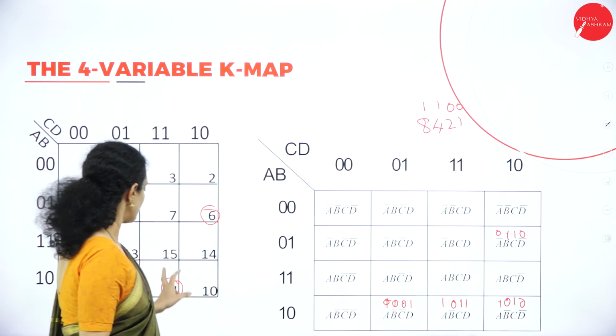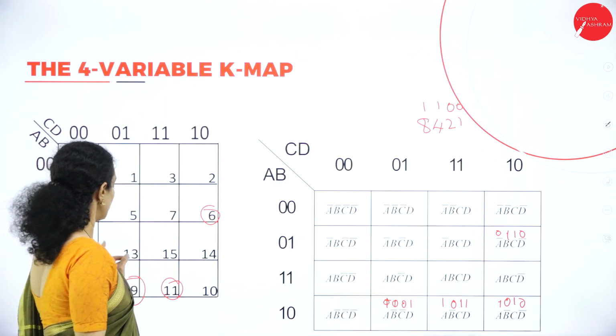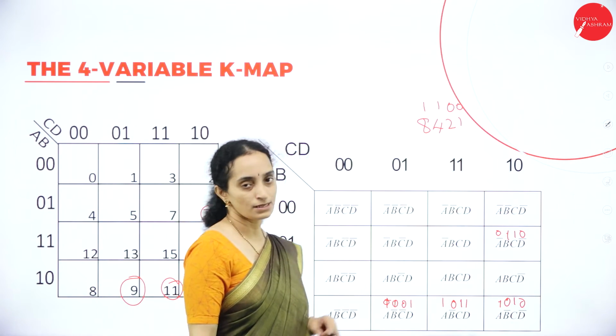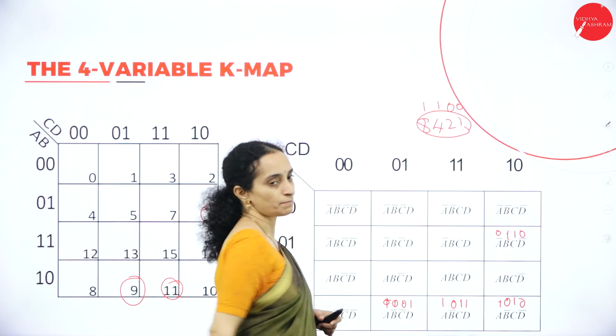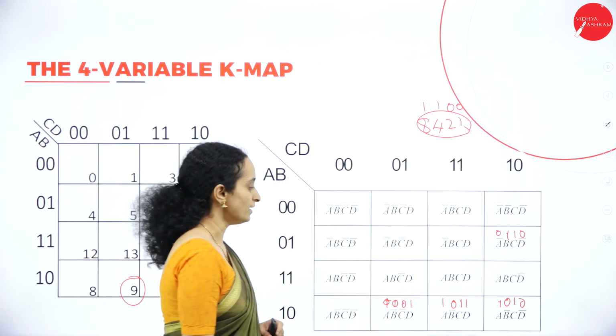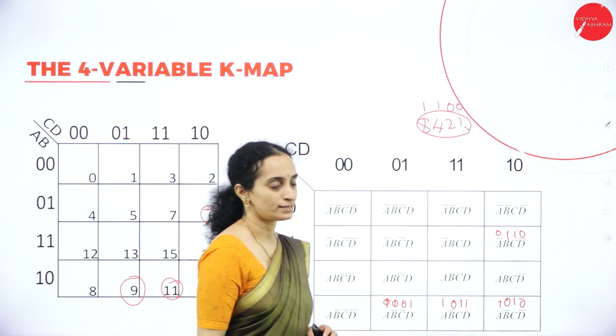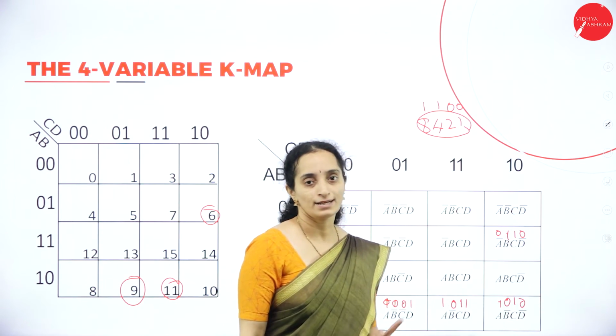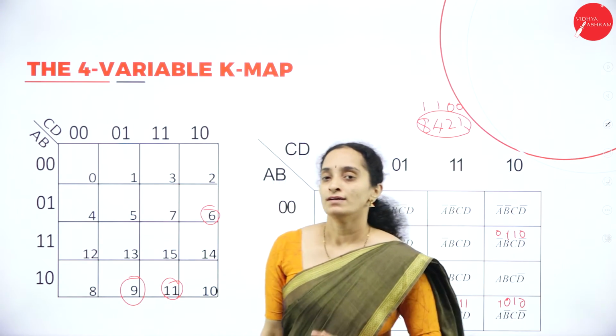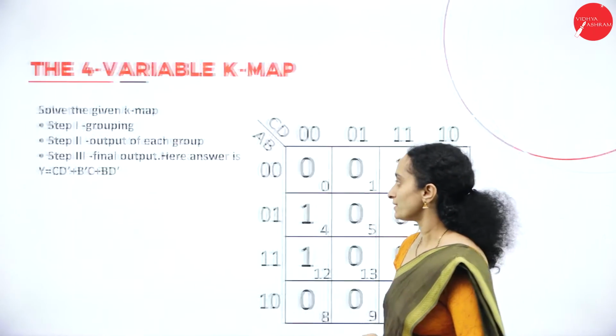Isn't it? Like this, you can take the 8, 4, 2, 1 representation of the 1 and the 0. 1, 0, 1, 0, or A into B dash into C into D dash. You have the 4 variable representation.